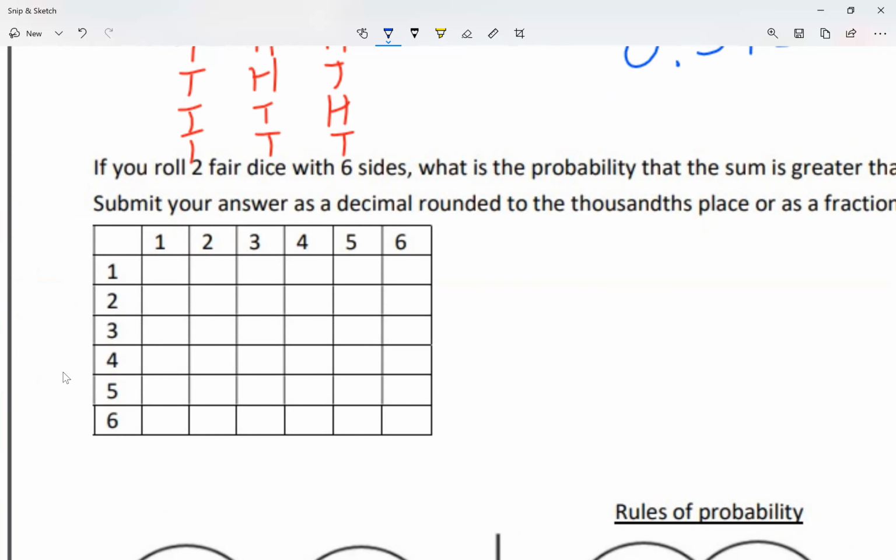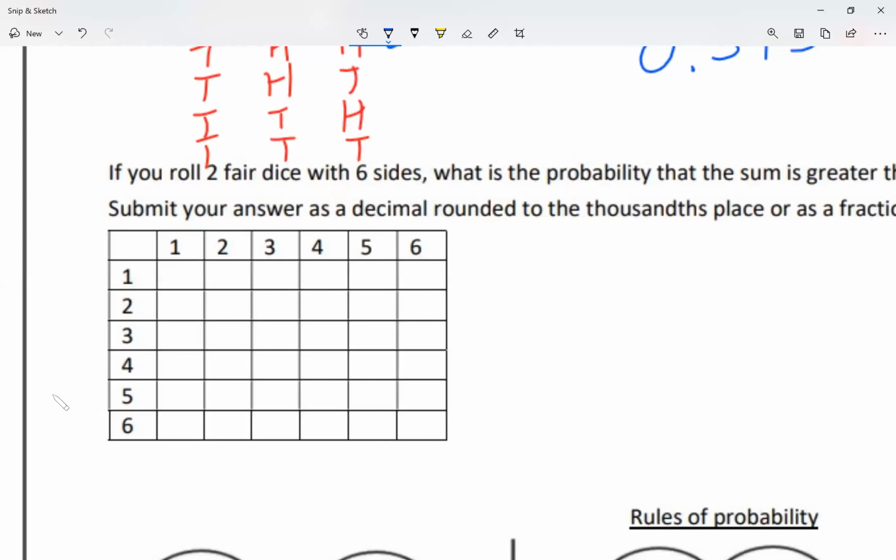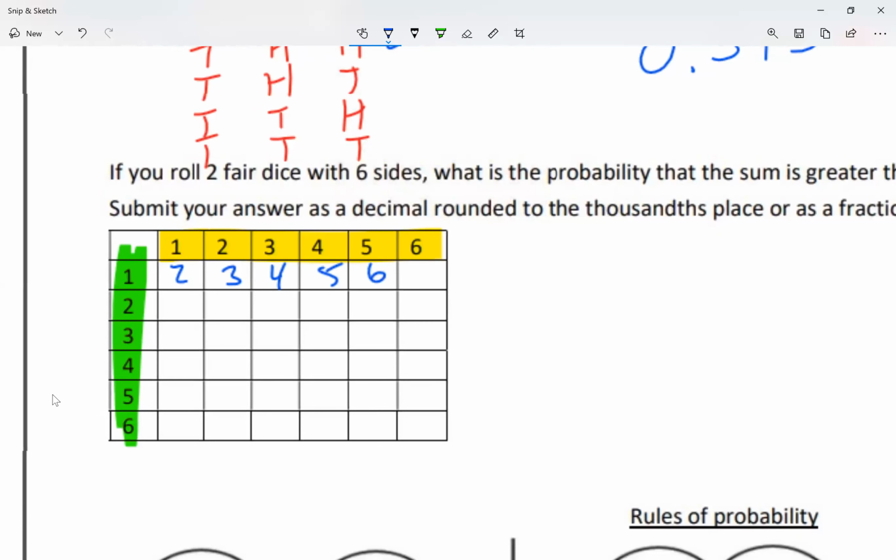So let me have this represent my first die and this represent my second die. If I get a 1 and a 1, when I add them it's 2, right? Let me emphasize this in yellow, that's my first of the 2 dice. And then this in green is my other die. I roll them, I look at the results. And then I'm going to call this 3, 4, 5, 6, 7.